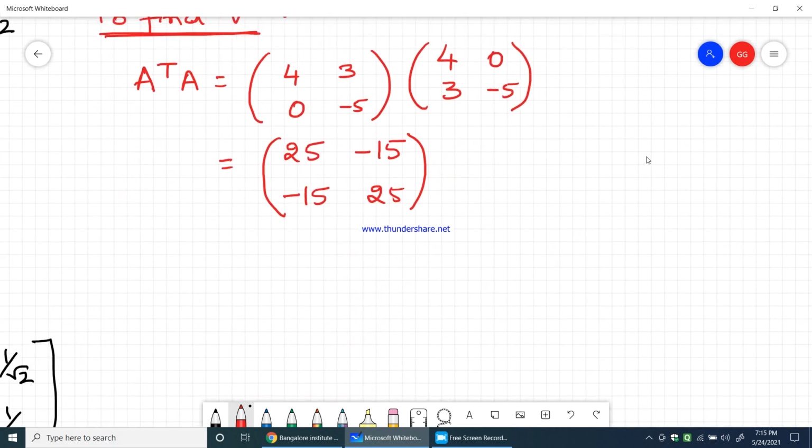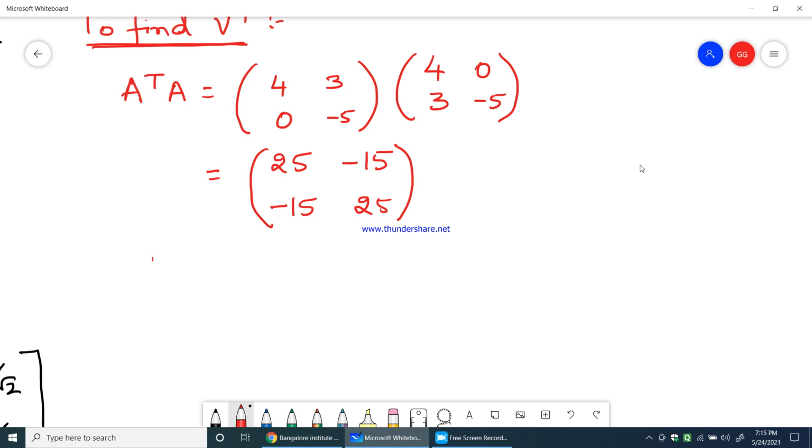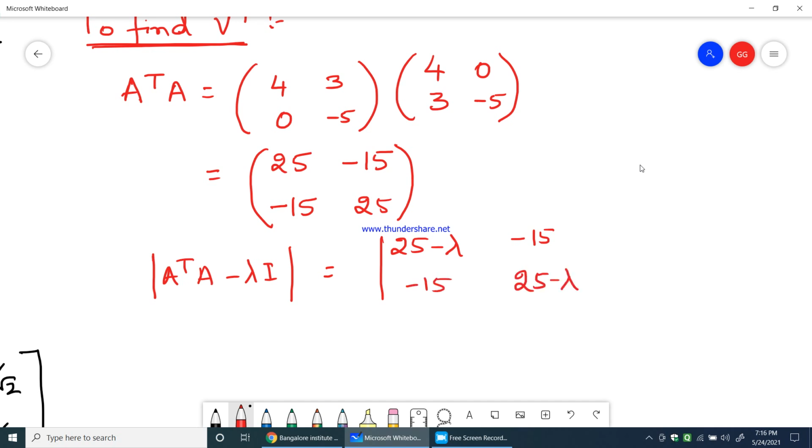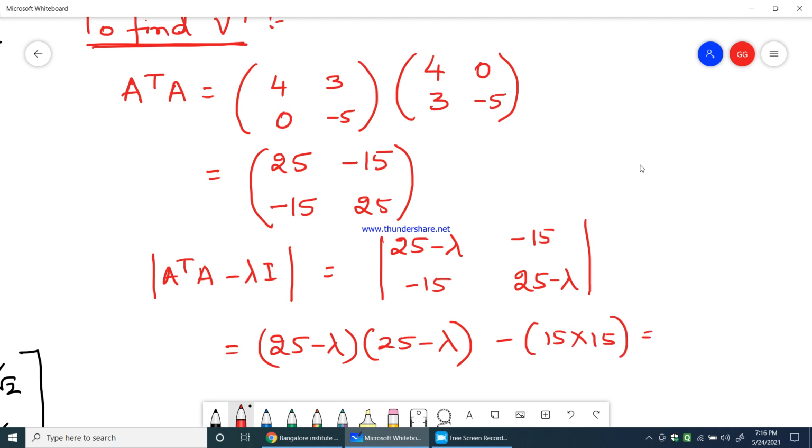Now let us find out the eigenvalues for this. It is the determinant of A transpose A minus lambda I, which is 25 minus lambda, minus 15, minus 15, 25 minus lambda. This equals 25 minus lambda into 25 minus lambda minus 15 into 15.